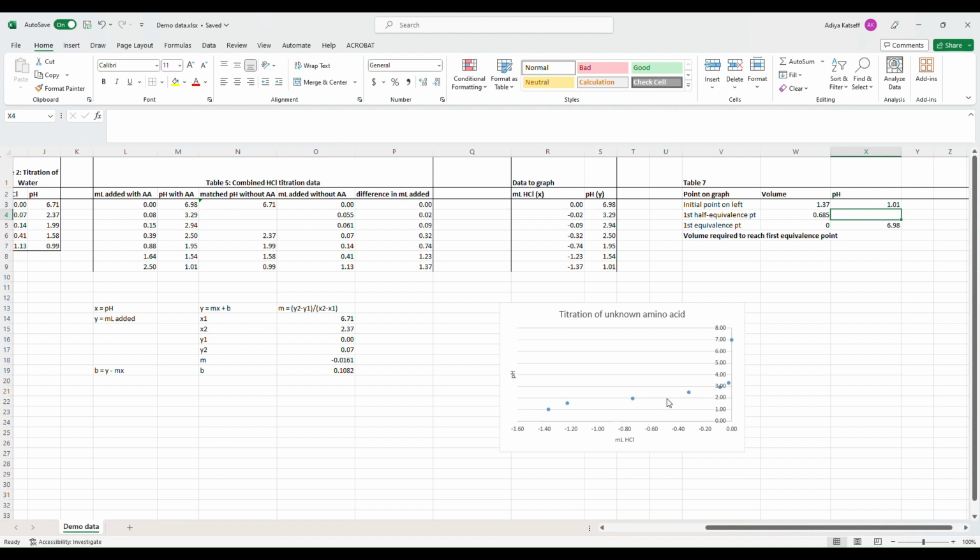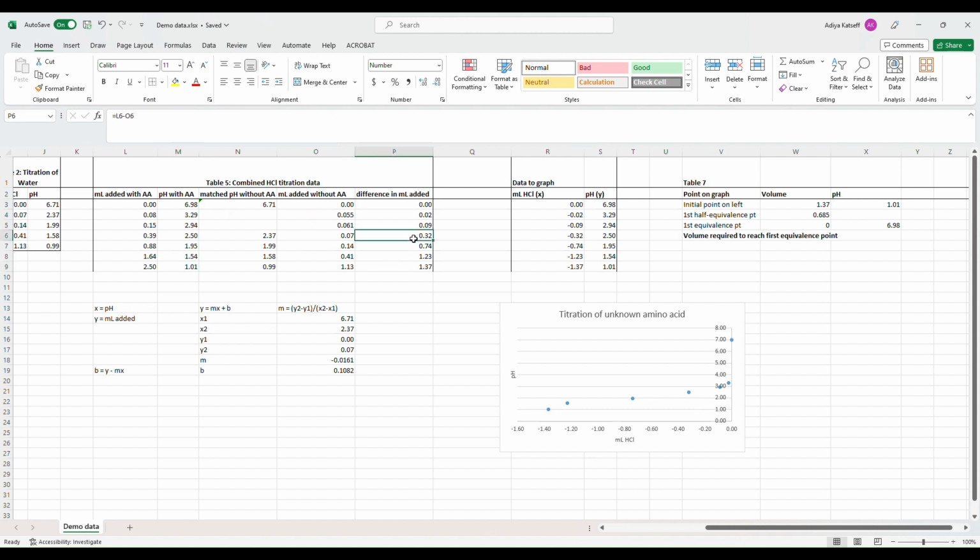it's somewhere along here. We don't have a point exactly there, right? If we look at our graph around 0.685, which is this volume or so, we know our pH is somewhere around here. To get a more accurate value, we can look at our volumes added.